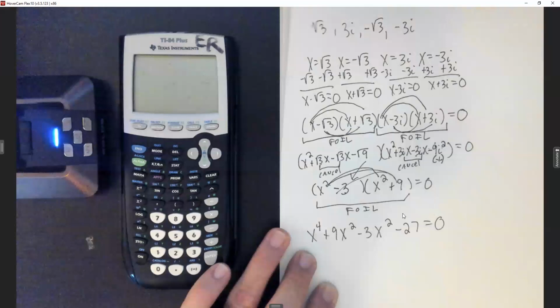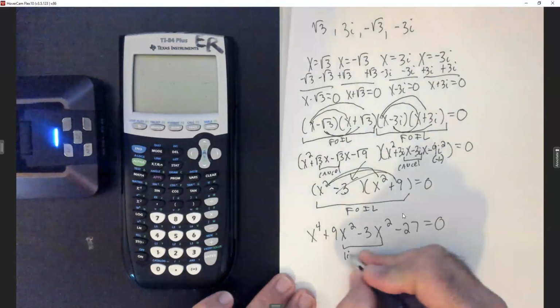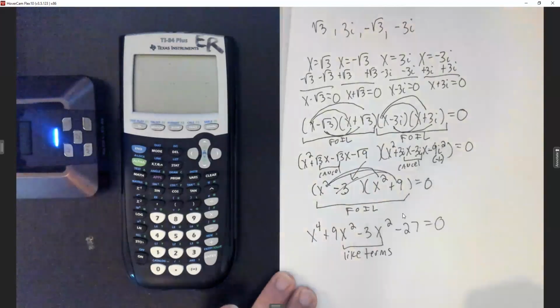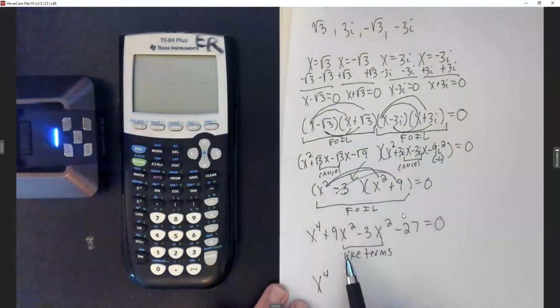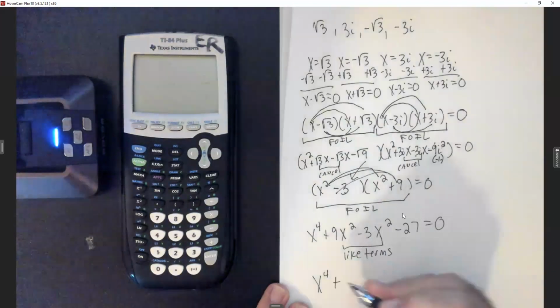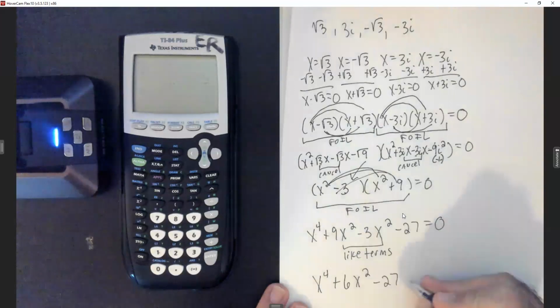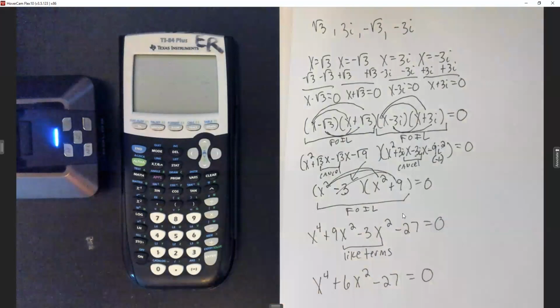And y'all, this one did have one more step. Those are like terms. So I would bring down that x to the 4th. Let's see, we got 9x squareds minus 3x squareds. So that'll be, what, 6x squareds. Minus my 27 is all going to be equal to 0. So you're definitely getting your practice FOILing on this test, okay?